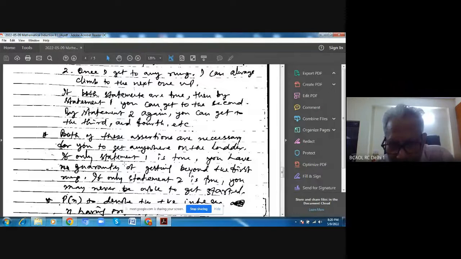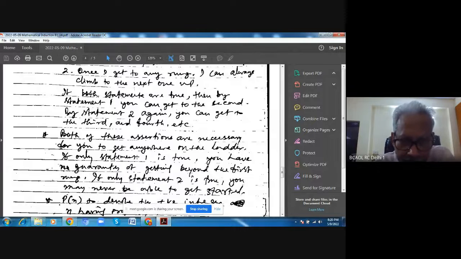If only one statement is true, you have no guarantee of getting beyond the first rung. If only statement 2 is true, you may never be able to get started. That means both the statements should be true. Then only you can carry on, go ahead.